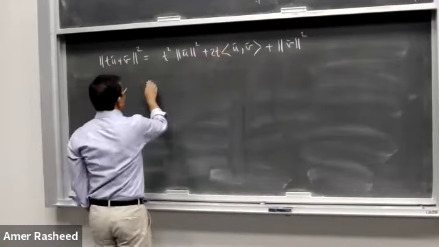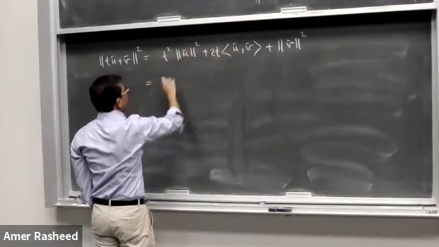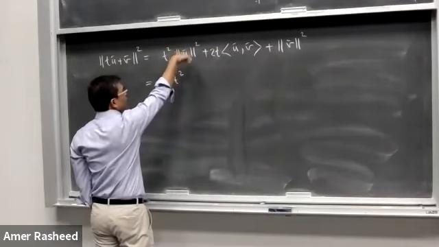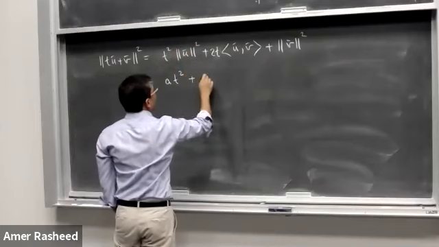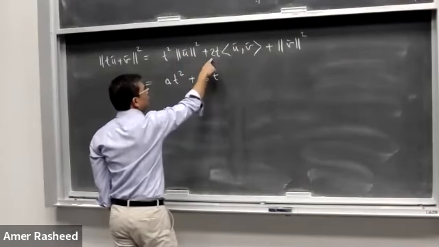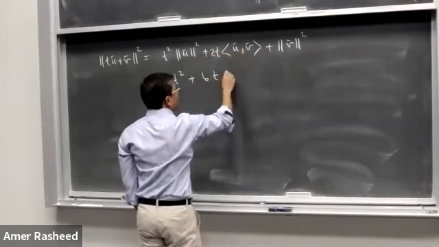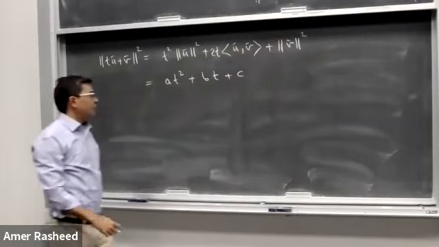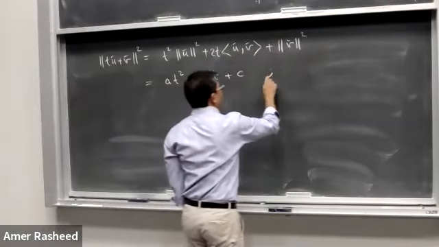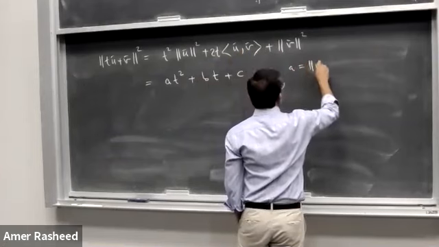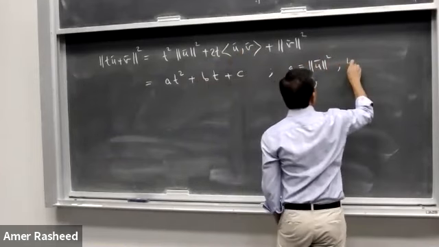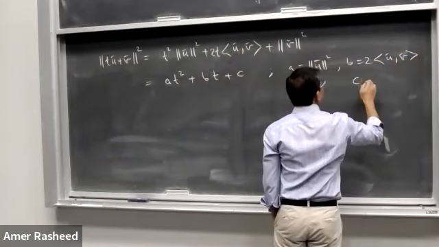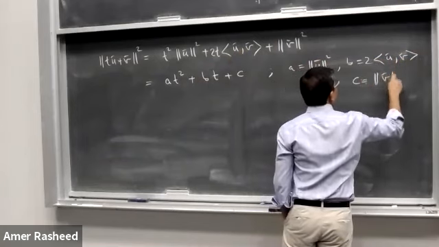Now, if we assume this is a t square plus bt plus c, where a is norm of u square, b is 2 times the inner product of u and v, and c is norm of v square.